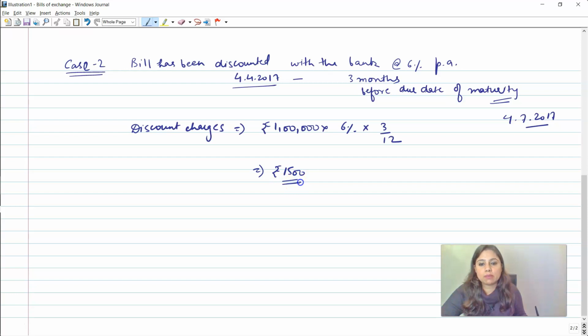So this would be the amount charged by the bank in order to discount that particular bill of exchange.